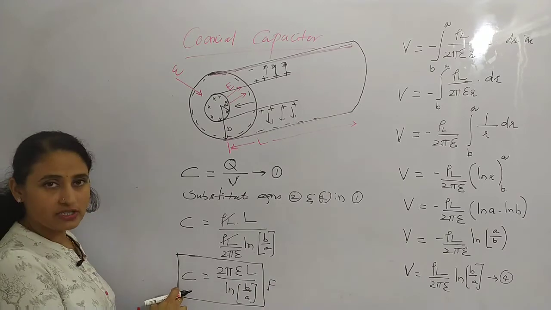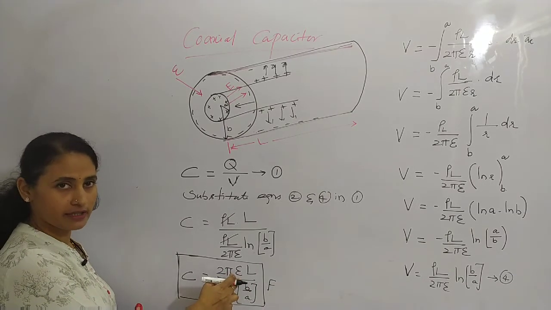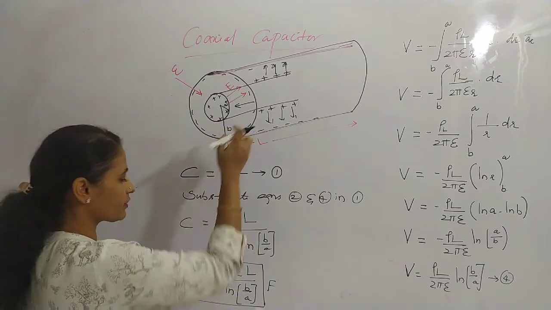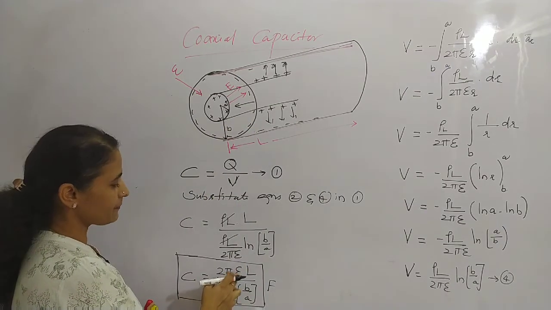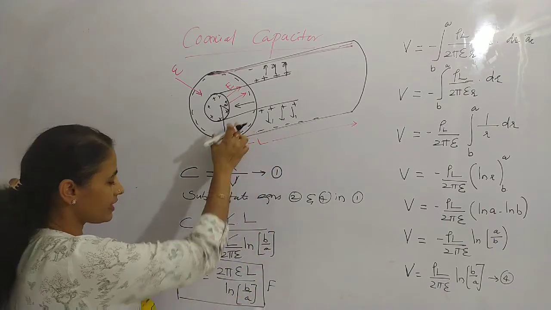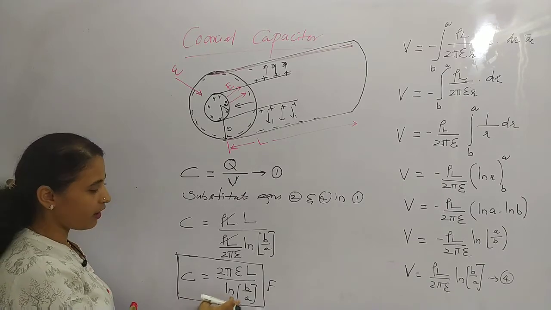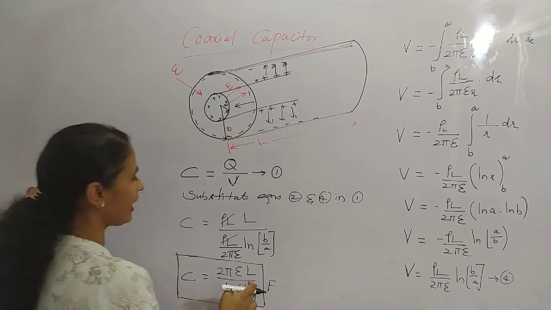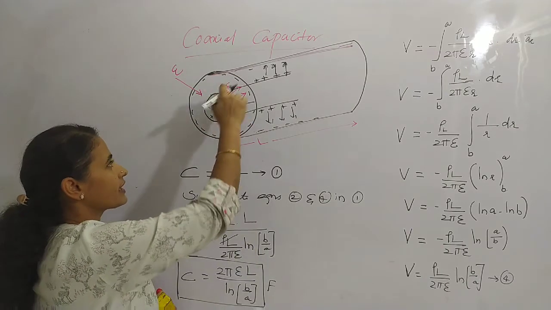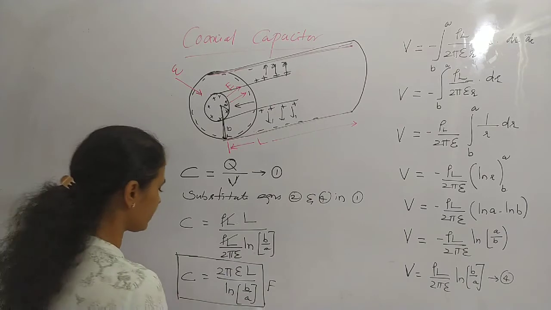Okay. So the capacitance is directly proportional to the medium between these two conductors, that means inner conductor to the outer conductor. The length of the conductor also influences the capacitance, and there is a logarithmic function of b to a, where b is the radius of the outer conductor and a is the radius of the inner conductor.